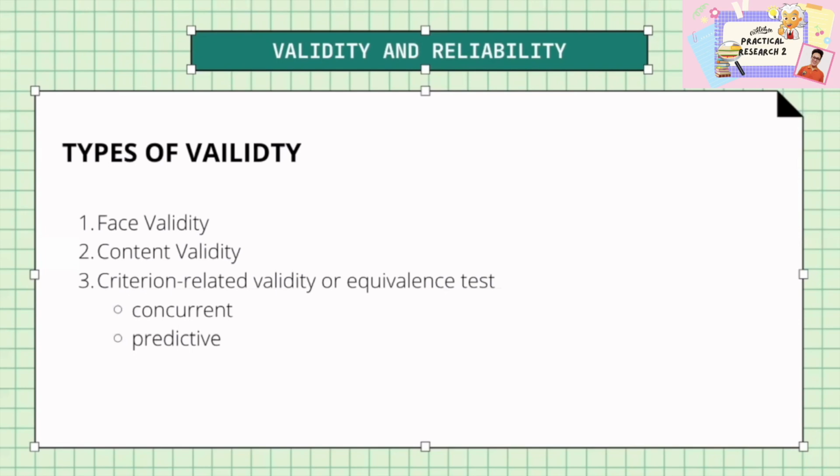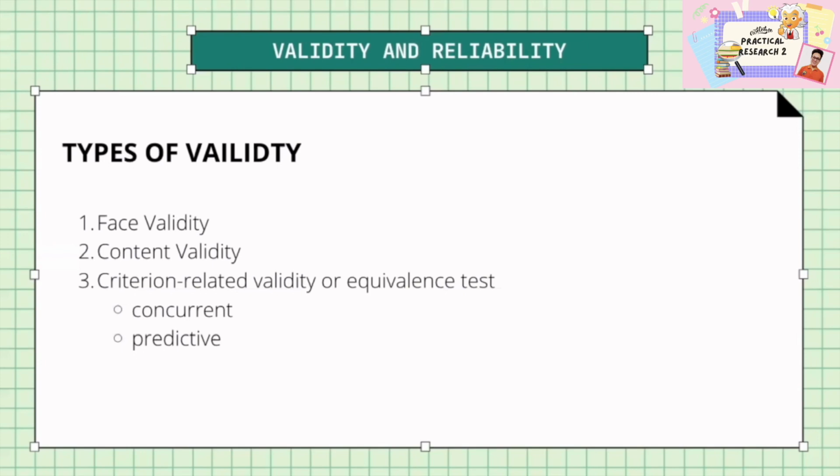Now you will administer that standardized test, and after that you will retrieve it, and you will also administer your researcher-made instrument, retrieve it, and you may now compute for the correlation index. So in this manner, validity is established with an accepted and available second test that measures what the researcher is trying to measure. Okay.